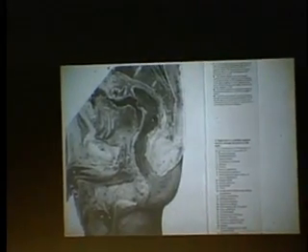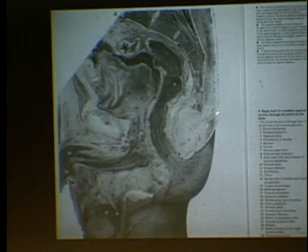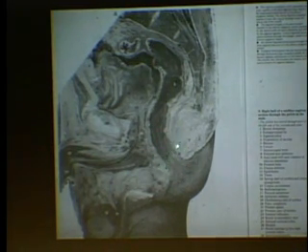Now, as we look at the male, a lateral view of the male pelvis, here we have our sigmoid colon coming down, our rectum coming down to the anus, and the external anal sphincter down here.